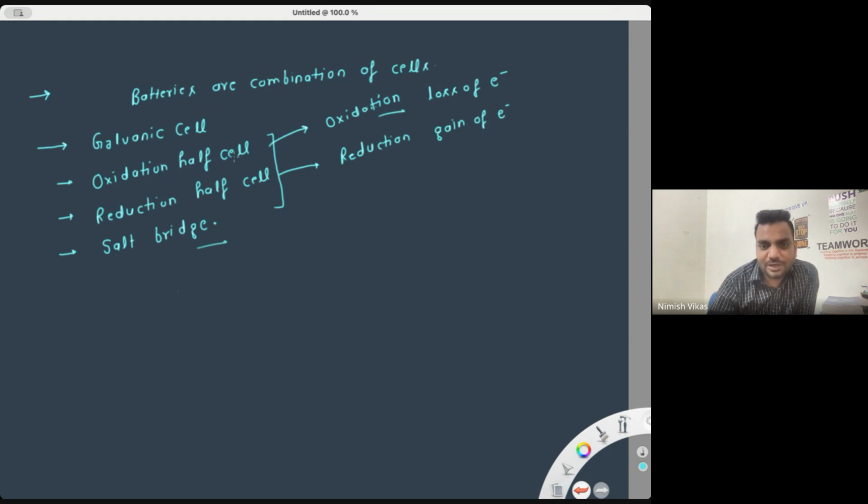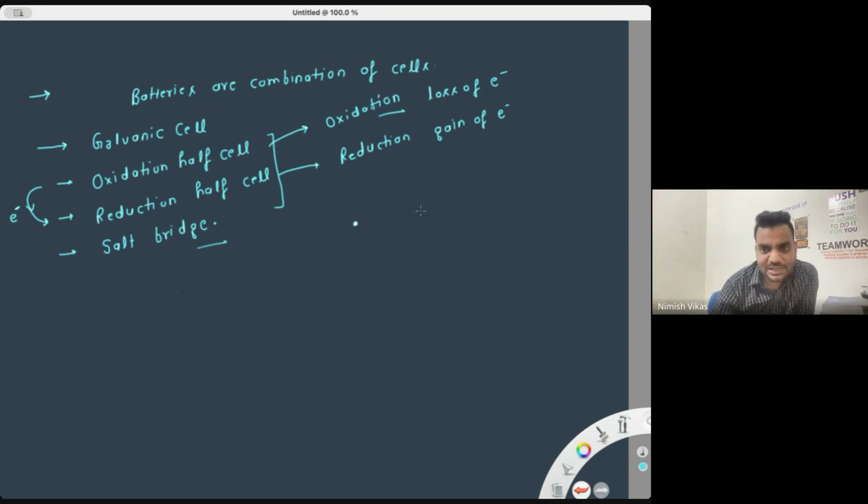So electrons will be lost from one side and gained on the other side. Basically, electrons will move from this part to this part. And if we can move the electrons, movement of charge is happening. When does movement of charge happen? You have learned in physics. Charge will move when there is a potential difference, right?